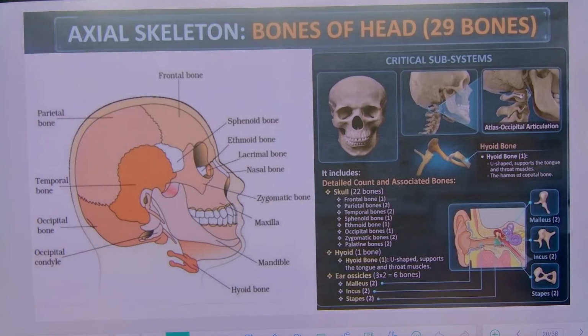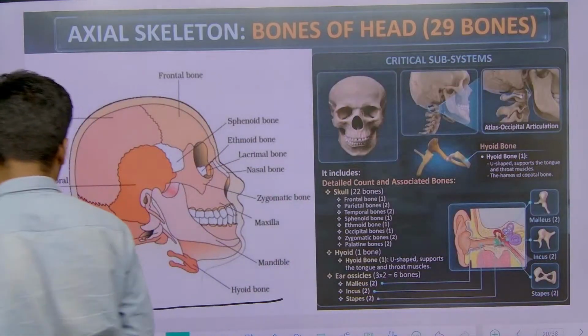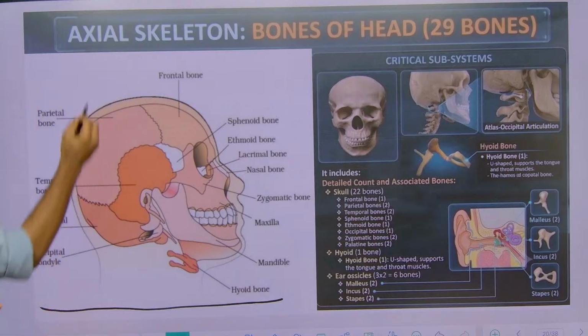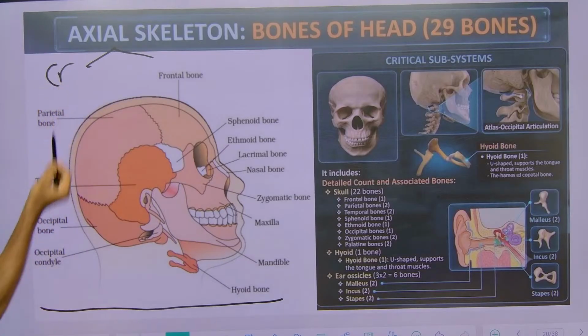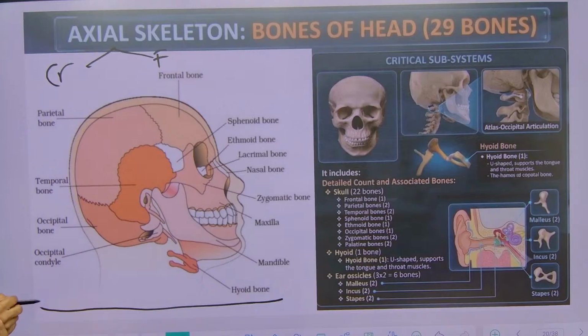First of all, axial skeleton bones. So head, this is the structure of the head, and this head is composed of different numbers of bones. In this axial skeleton, in the head we have 29 bones, and this was divided into cranial bones and facial bones.